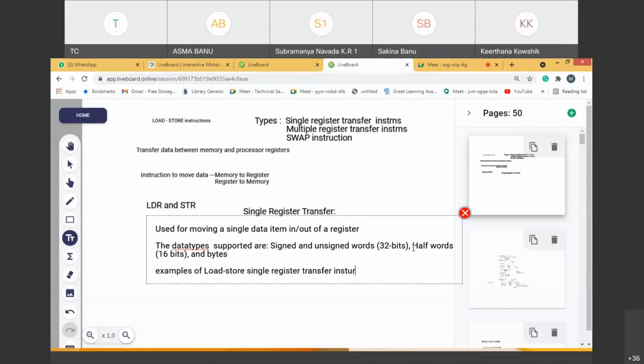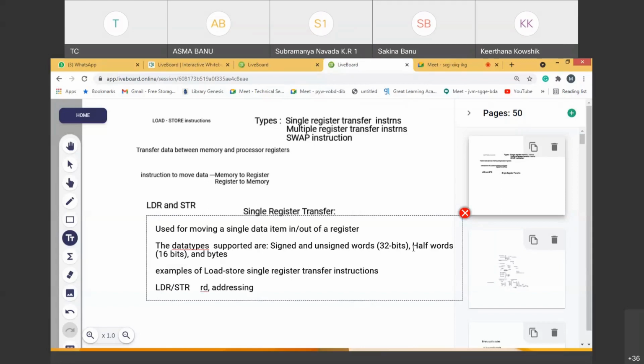The single register transfer instructions are LDR or STR. It is associated with a condition, followed by a destination register with an address, or addressing.